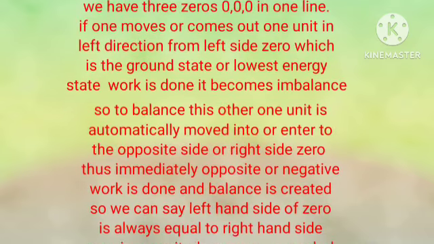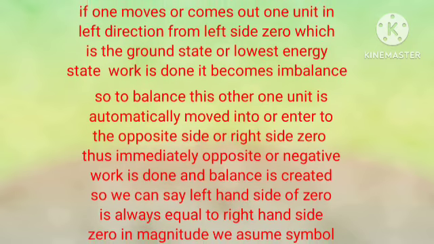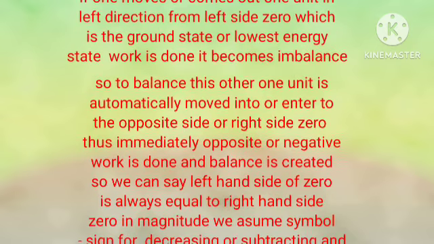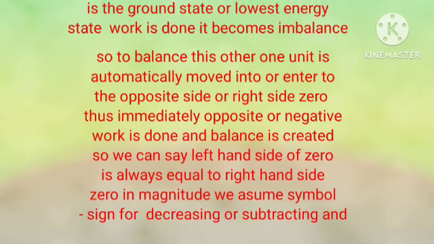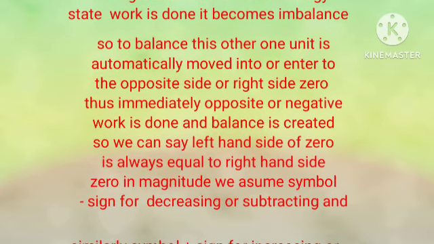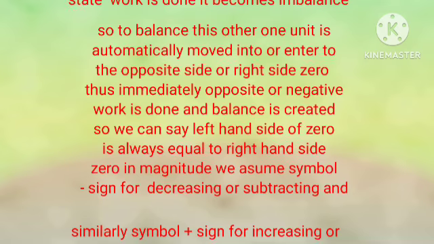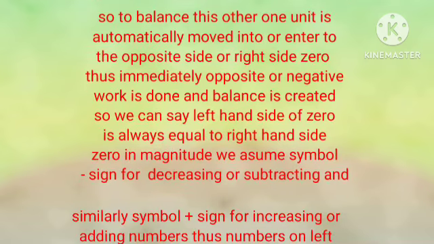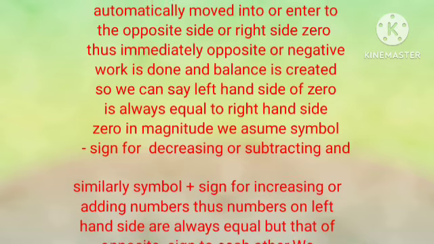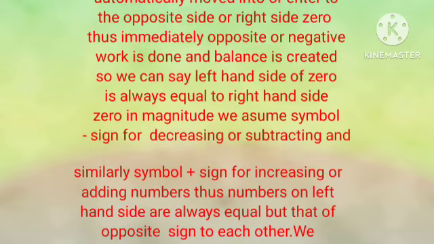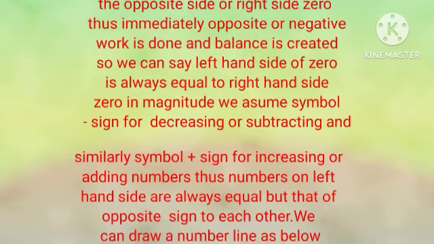So we can say the left hand side of 0 is always equal to the right hand side 0 in magnitude. We assume the minus sign for decreasing or subtracting, and similarly the plus sign for increasing or adding numbers. Thus numbers on the left hand side and right hand side are always equal but of opposite sign to each other.